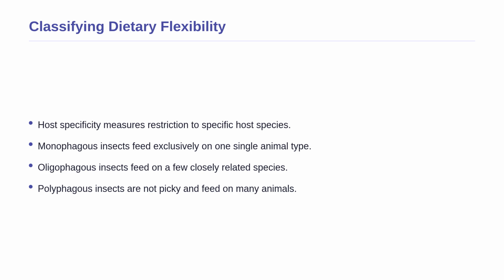It is highly inflexible. If it feeds on a few related species, it is classified as oligophagous. Finally, if the insect is not picky at all and feeds on many different animals, it is known as polyphagous. These classifications are our first step in predicting insect behavior.